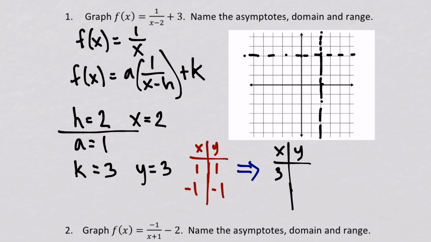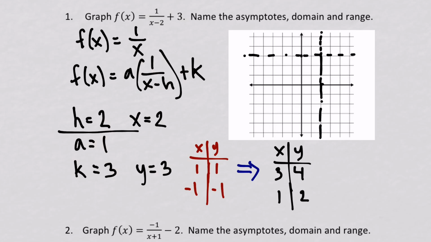Negative 1 plus 2 is 1. And that's all that happens to my x values. For my y values, I'm going to multiply by 1, which is not going to do anything, but then I'm going to add 3. So basically add 3 to my y values. So 1 plus 3 is 4. And negative 1 plus 3 is 2.